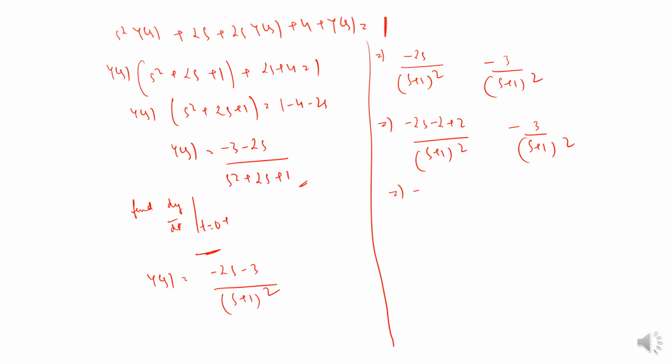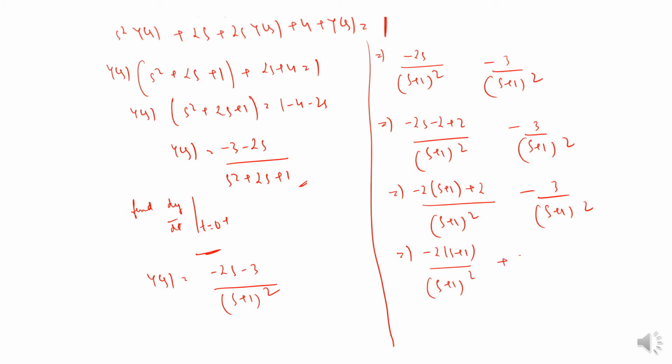If I take minus 2 common, s plus 1 plus 2 by s plus 1 whole square minus 3 by s plus 1 whole square. So this can be written as minus 2 into s plus 1 by s plus 1 whole square plus 2 by s plus 1 whole square minus 3 by s plus 1 whole square. So this gets cancelled, and it is minus 2 by s plus 1 minus 1 by s plus 1 whole square.